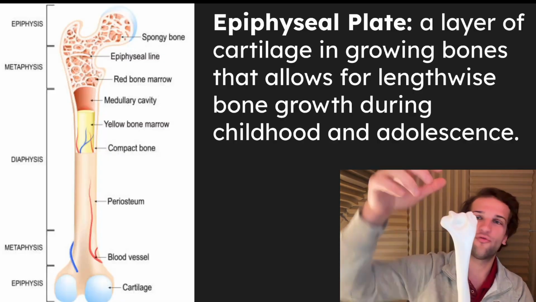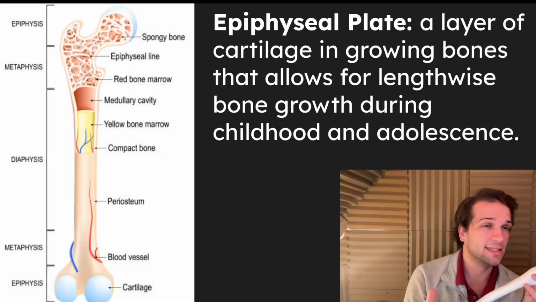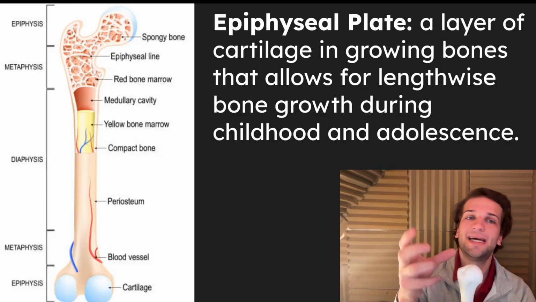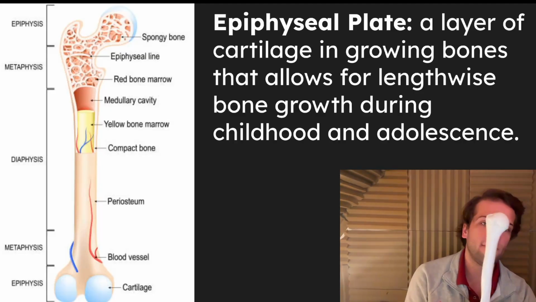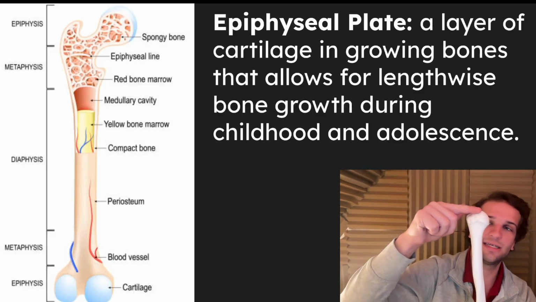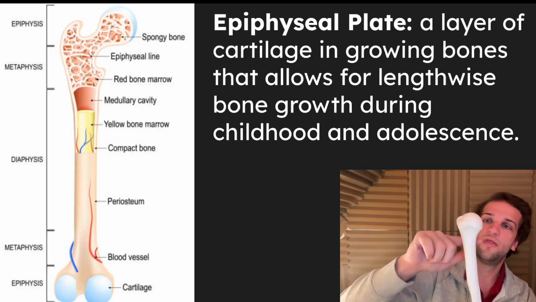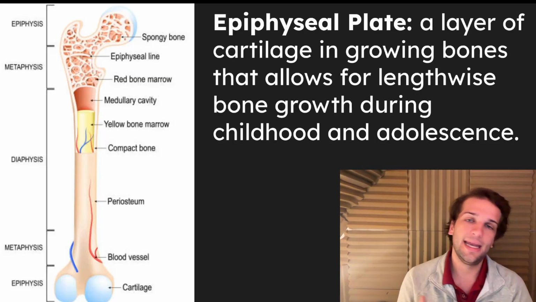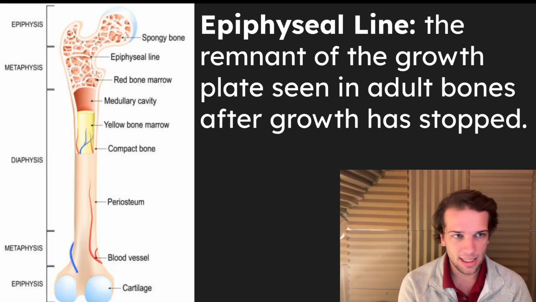The bones can't really grow from the top because the heads are designed to slot into another bone, and so you tend to see not a ton of growth in the actual heads of the bone, but rather where the epiphysis meets up with the diaphysis, the shaft of the bone. That point is where we're going to find what is called the epiphyseal plate in a growing person and the epiphyseal line in an adult.